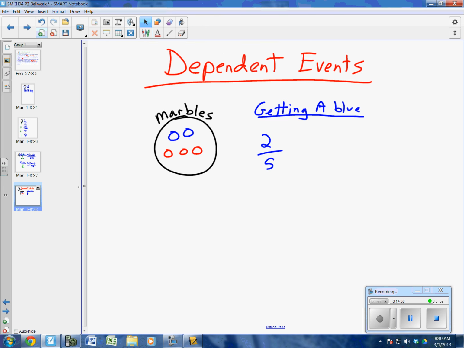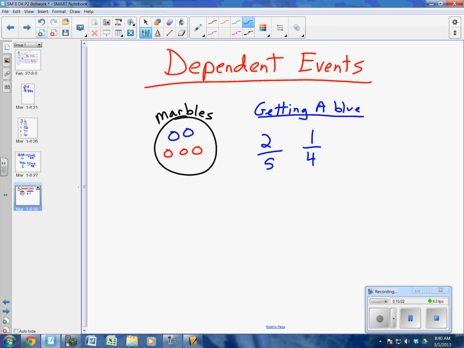That's simple probability, right? Okay. But after taking 1 out, you change the chances, right? So what are the probabilities of getting a blue marble the second time? 1 out of what? 4.